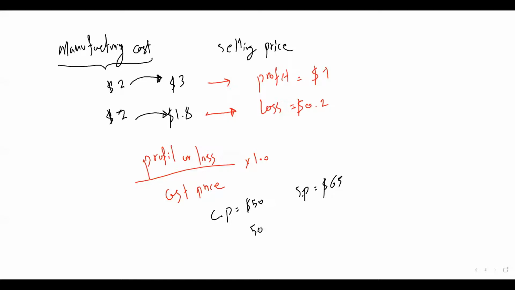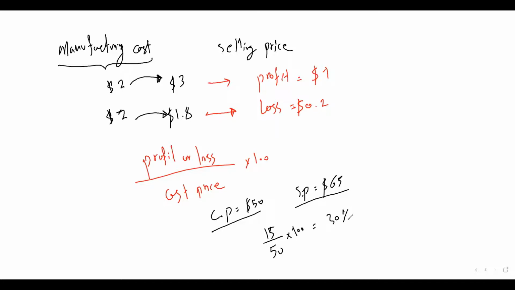So what you have to do is find the profit first, which is 15, selling price minus cost price, and then divide it by 50, and multiply the answer by 100, and that would give you 30% in this case.